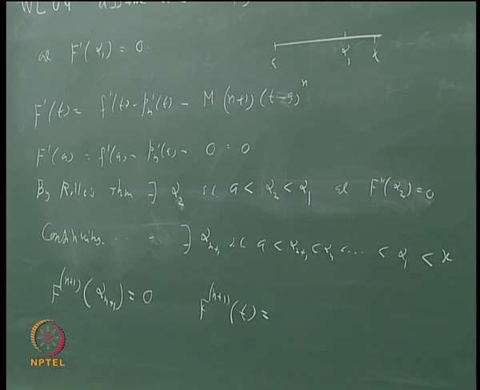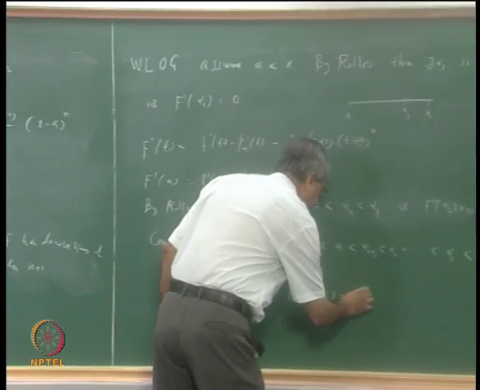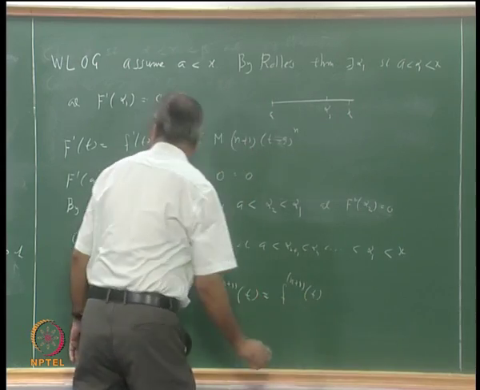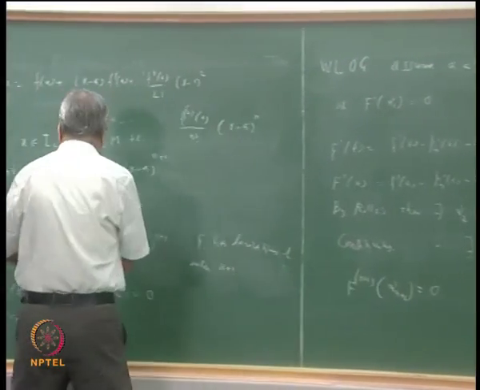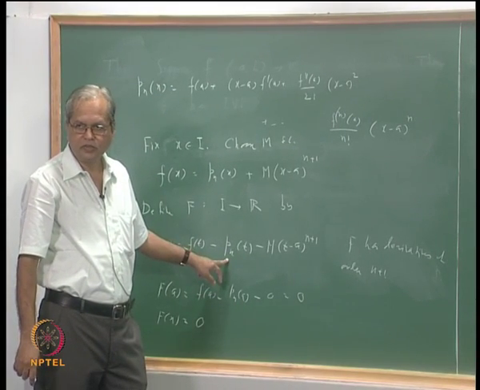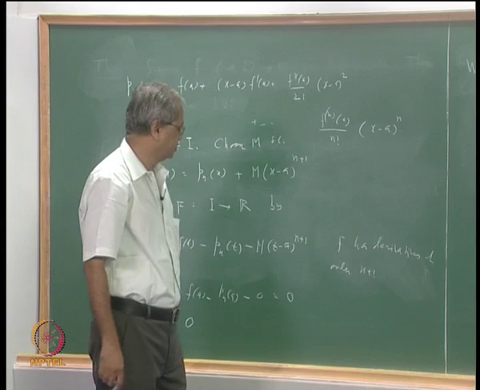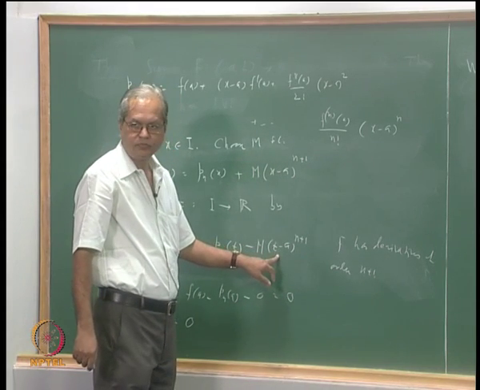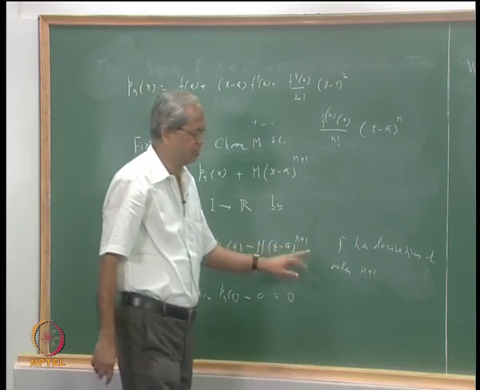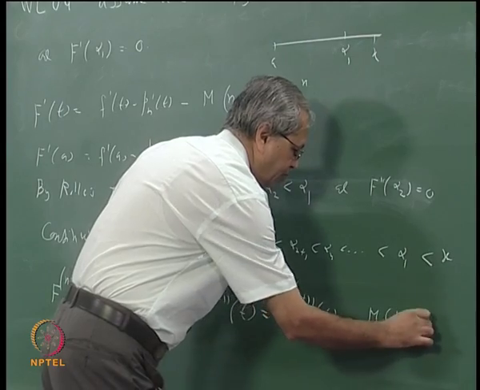It is the n plus 1 derivative of small f at t, minus the n plus 1 derivative of the polynomial Pn at t. Is it clear that that will be 0? It is a polynomial of degree n, so its n plus 1th derivative will be 0. What about the last term? It will be m into n plus 1 factorial. So minus m into n plus 1 factorial.